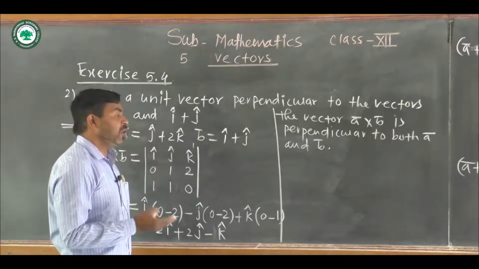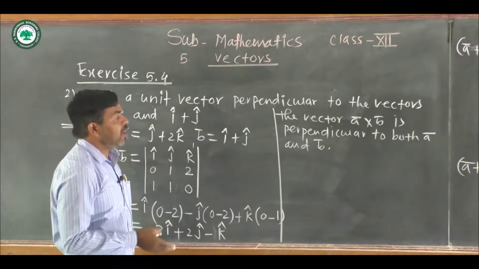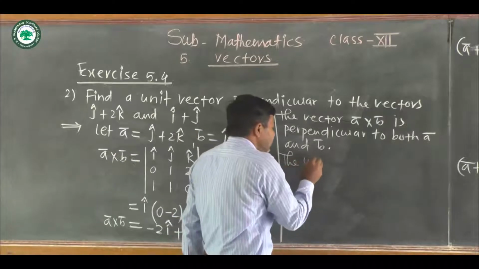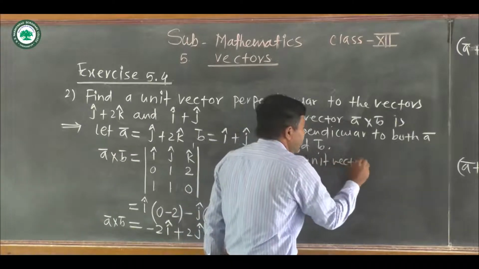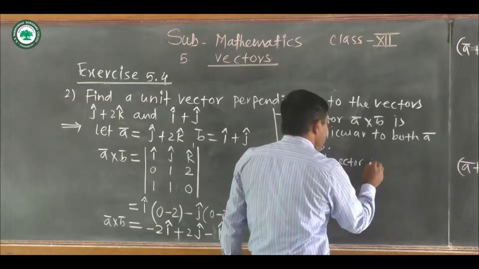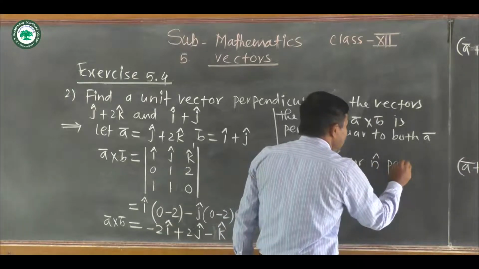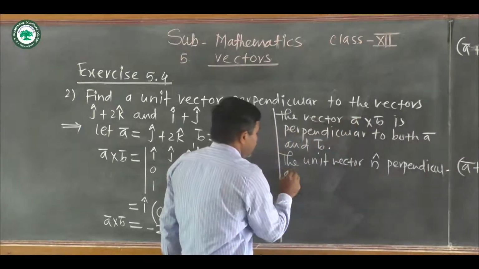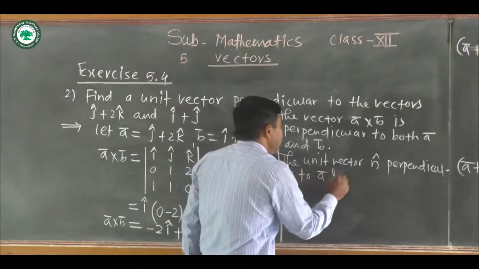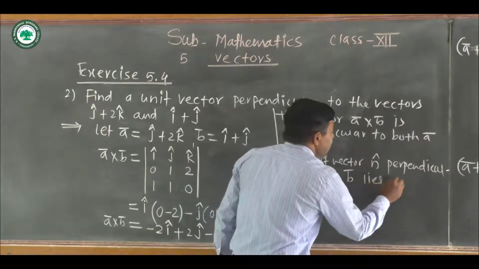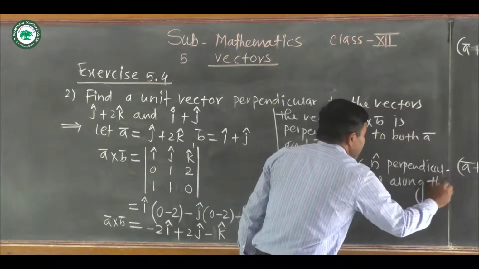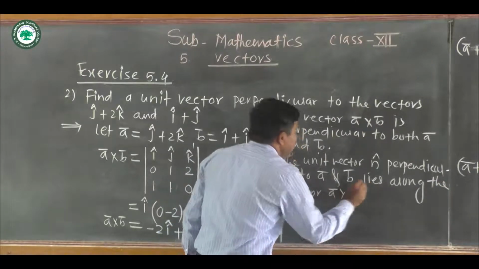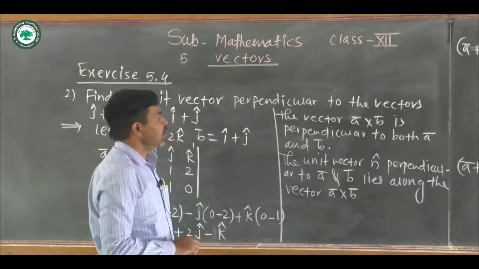It means that your unit vector lies along the vector A bar cross B bar. The unit vector n cap perpendicular to A bar and B bar lies along the vector A bar cross B bar.